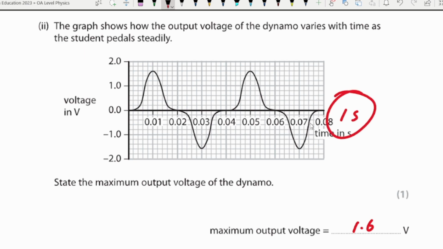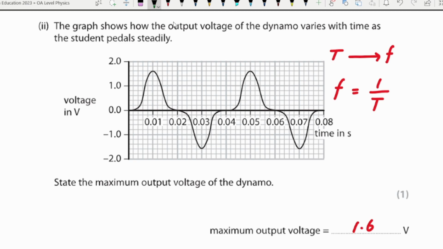Matter of fact, 1 second is not even shown here. So what you can do is you can find the time period, and from time period you can find the frequency. How do we find the frequency from time period? Once you have the time period, all you have to do is 1 over time period, and that gives you the frequency.